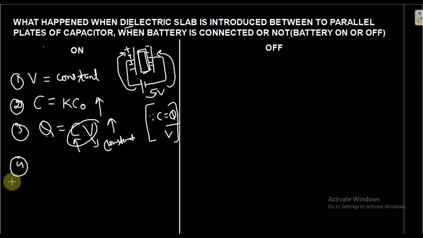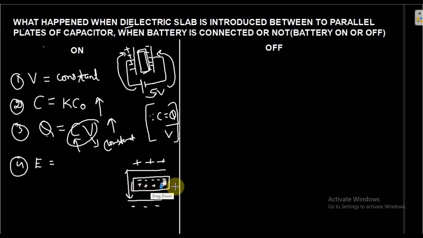Now we will discuss electric field variation. How will the electric field vary? As we discussed in the previous video, when there are two plates of a capacitor, positive and negative, there is an external electric field. But when we insert the dielectric between the plates, due to the polarization of the dielectric substance, an internal field is developed, that is EP.